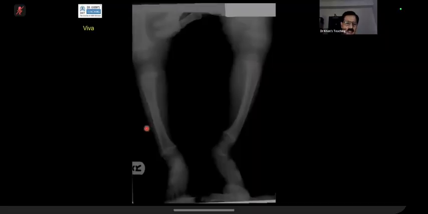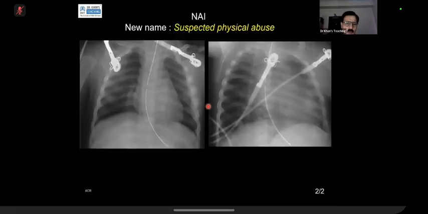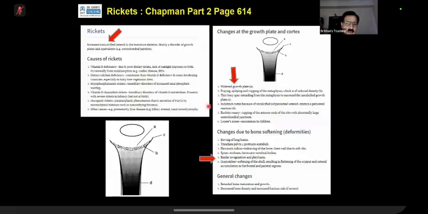Now, if you see here, in this particular case you can see that there is a bit of cupping here. You can see a bit of bowing of the bone. Now, if you go back to the features of rickets from your book, Chapman: changes at the growth plate and cortex, and changes due to bone softening. These are the ones we were concentrating on. And look at this, changes due to bone softening, bowing of the bone.